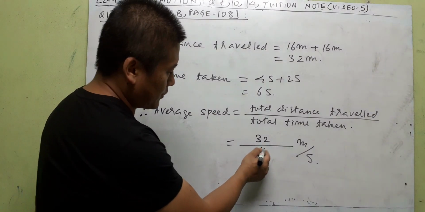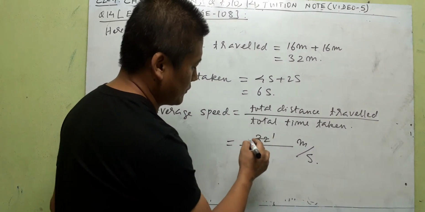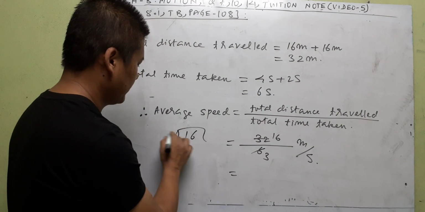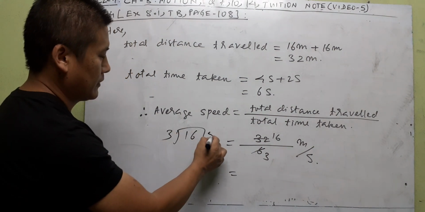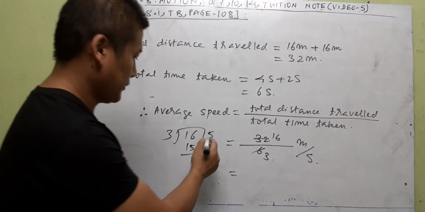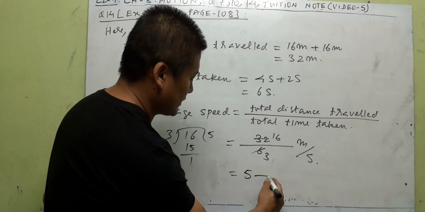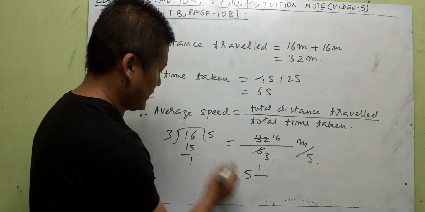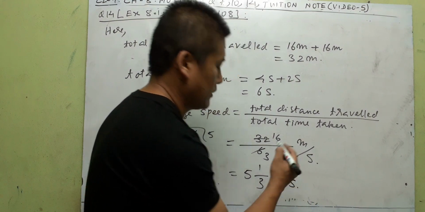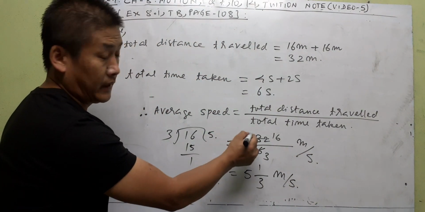So 2 3s are 6, 2 1s are 2, 1 in hand, 2 6s are 12. So 32 by 6 is 16 by 3, we can write it as 3 5s are 15, 1 in hand. And we can stop there also. One way is to write quotient first, remainder up, and divisor down. So 5 1 by 3 meter per second. Or if you want, you can put a decimal point and divide, up to you.